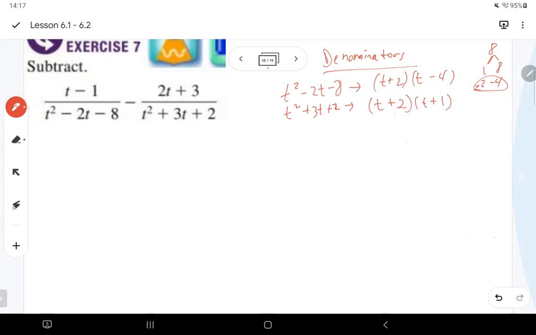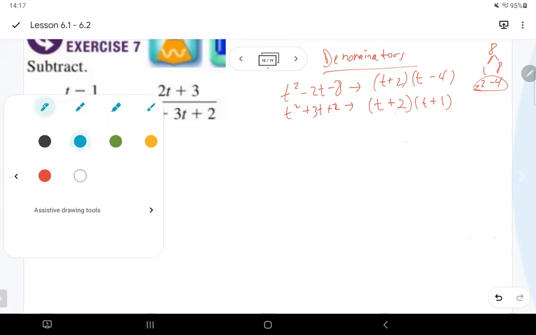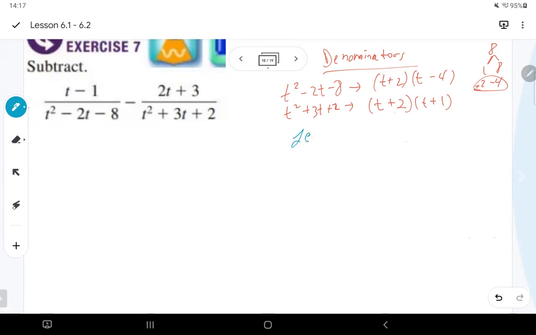Okay, so remember, when we're finding our least common denominator, you want each piece represented one time, and you have to be careful because sometimes you might have the piece listed more than twice.